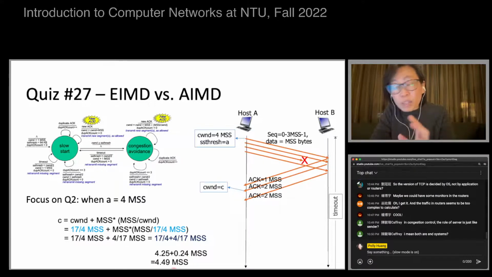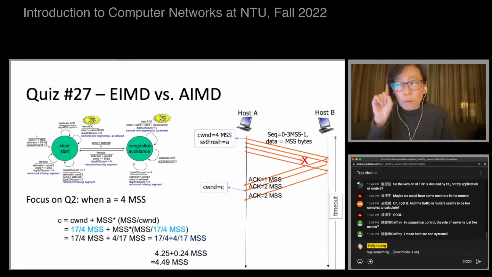And you get the idea, because when you receive 2 more ACKs, you get a rough number that is close to 5, isn't it? So about 1 MSS increment after a window of packets. That is the idea of congestion avoidance and the rate of changing the congestion window size.